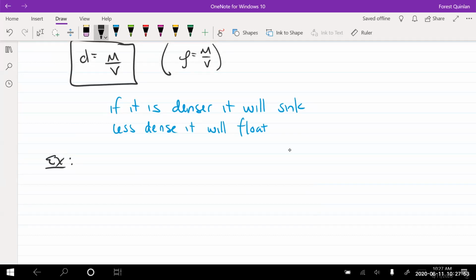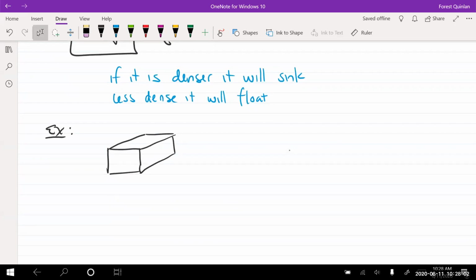All right, let's do an example. Let's say that I have a block of iron here, or a block of something. And let's say that it is 2.0 centimeters by 4.0 centimeters by 1.3 centimeters.